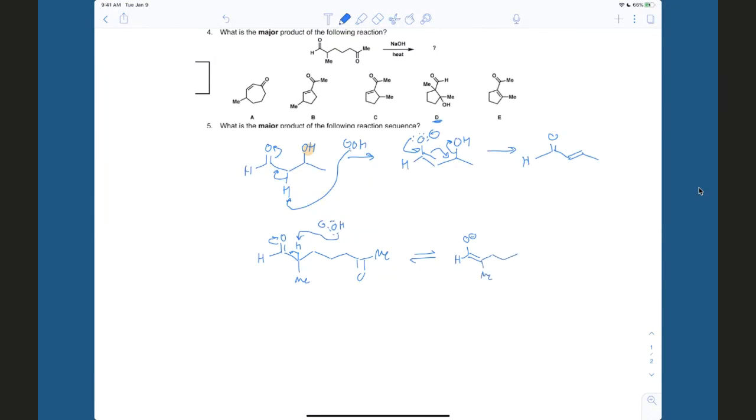Proton transfers like this are disfavored in the equilibrium, but you can still form them to react. So now we have an enolate. It's going to be nucleophilic at this carbon. So electrons will come down, and it can do an attack on this carbonyl. Since we're using this carbon to attack, we can number this as 1, 2, 3, 4, 5. So we know we're going to be making a 5-membered ring along the way.